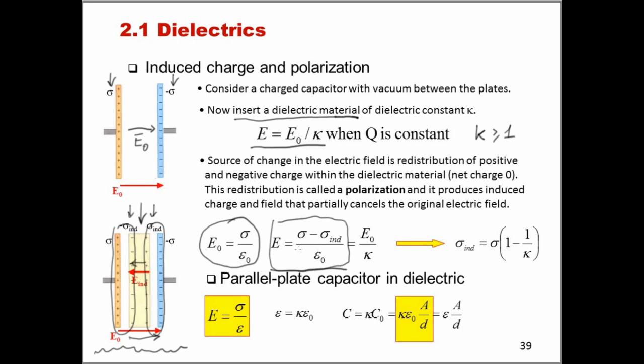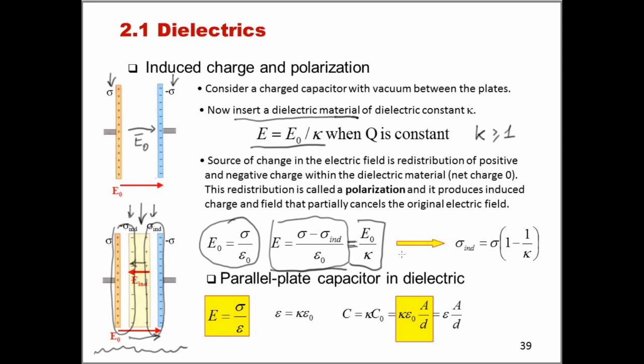E, the total electric field now, is given by sigma, the original surface charge, minus the induced surface charge, divided by epsilon 0. And we know that, as we said previously, this must be equal to E0 over K. This is an experimentally observed result.